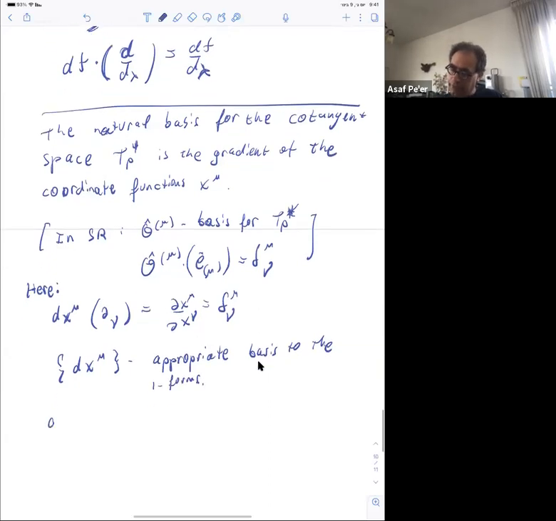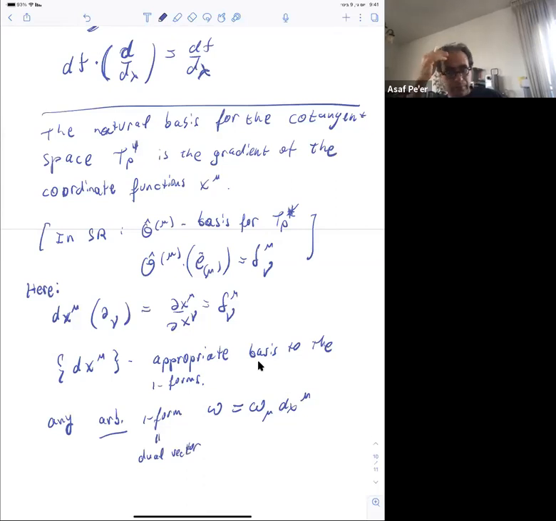It means that any arbitrary one form W, I can write as W mu dx mu. And of course, the transformation law of the basis of the dual vectors, the one forms, and of the components, is just using the standard procedure.